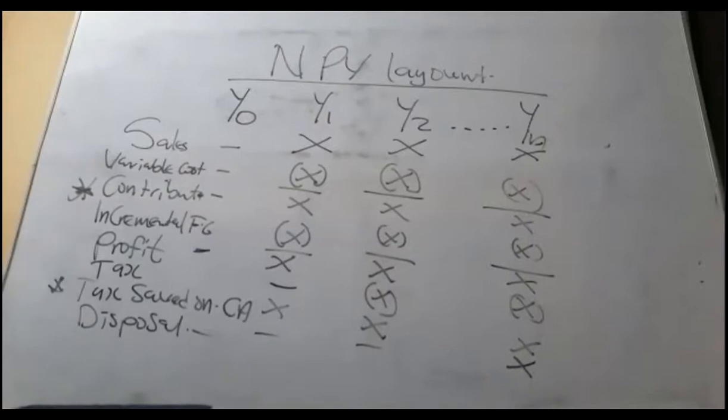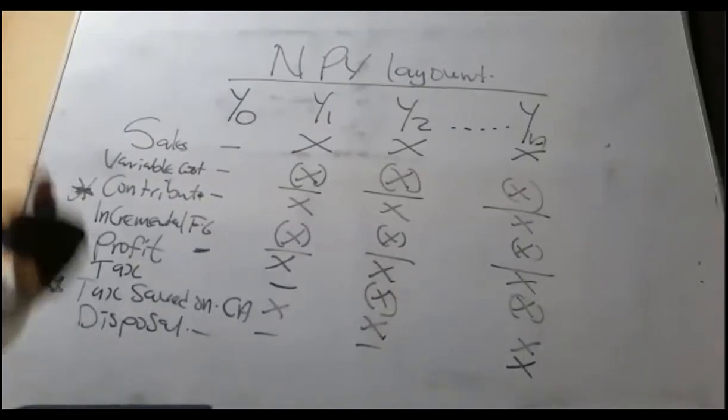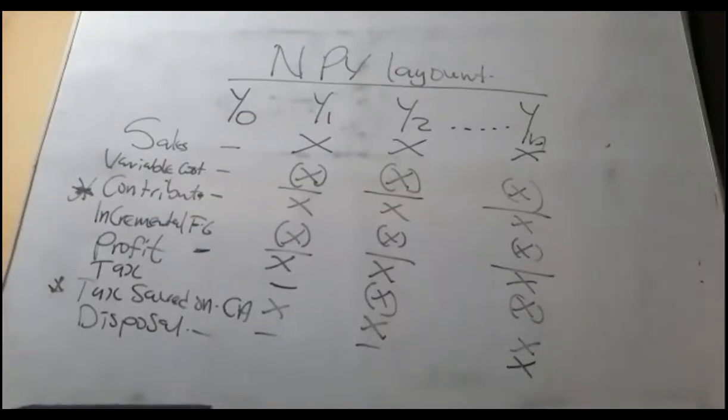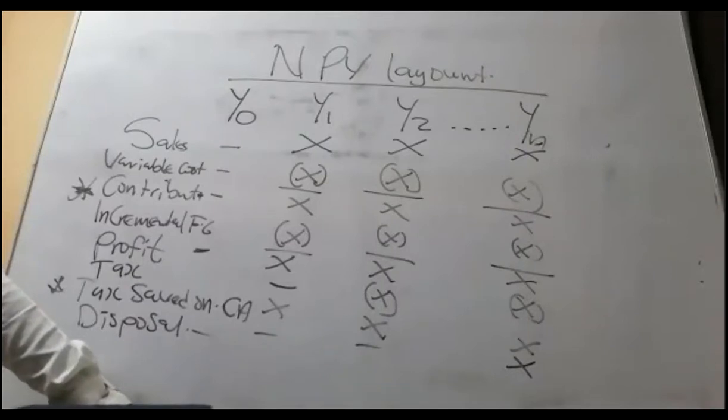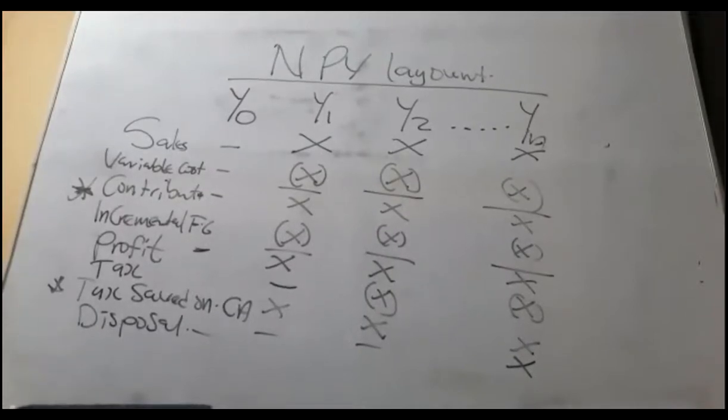Put it exactly when they are going to dispose of the plant or the machinery. If they don't tell you anything but give the scrap value in the question, put it at the end of the asset life. But sometimes we can inform you that the machinery will be disposed of a year after the life of the machine.